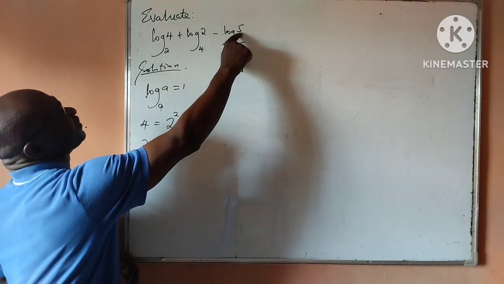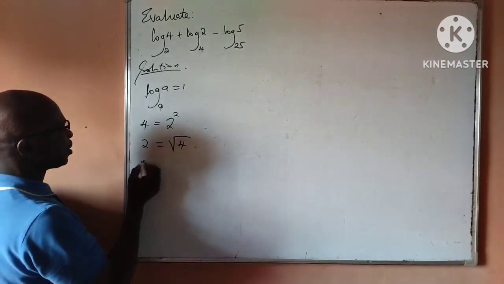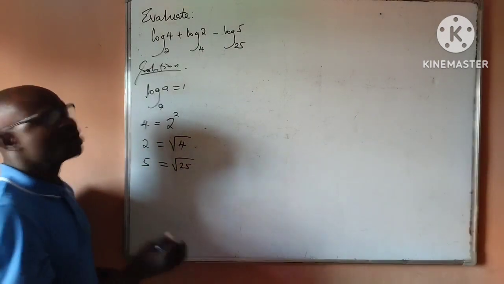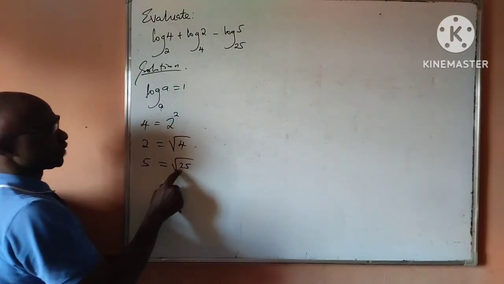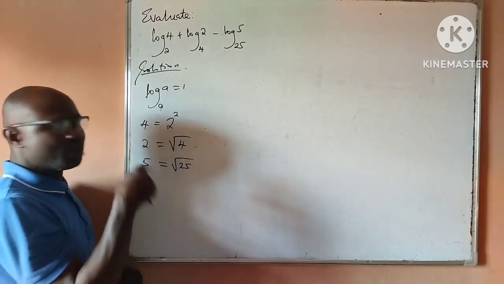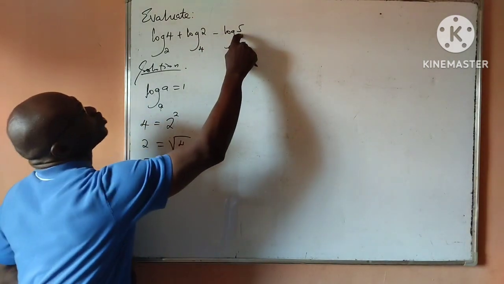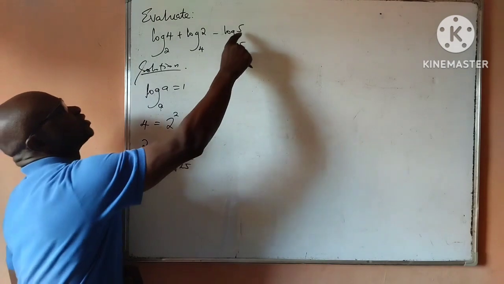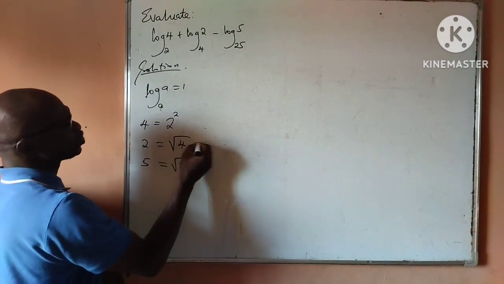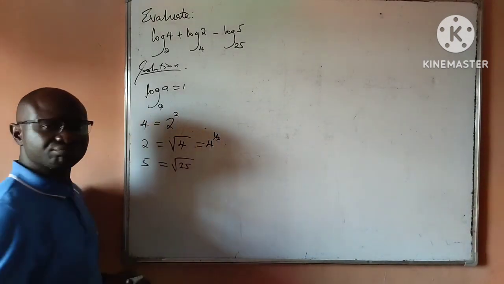Also, here is 5, and I want to get 25 here to be in the same base. 5 can also be written as square root of 25. So if I replace this 5 with the square root of 25, it is still 5, because square root of 25 is 5. But then I have achieved having 25 as log square root of 25. So that 25 will now be here for me. But also, you can see, square root of 4 can also be written as 4 raised to the power 1 over 2.